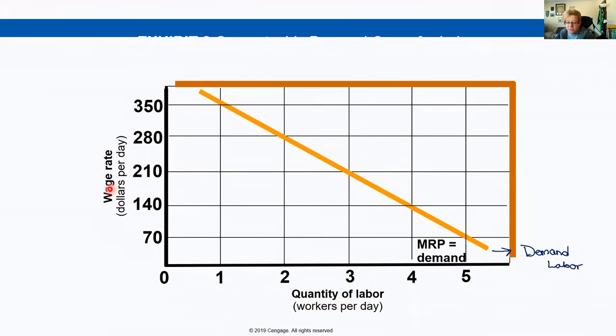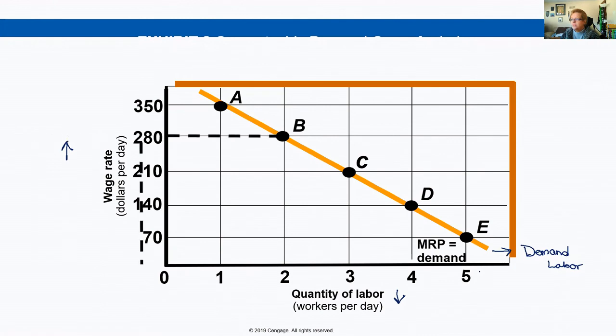Notice there's an inverse relationship: as the wage rate increases, the quantity of labor that's demanded decreases, all else held constant or other things equal. So here, if we're at A, and as the wage rate goes down, we're willing and able to hire more workers.